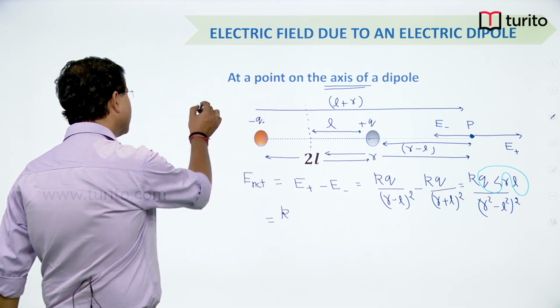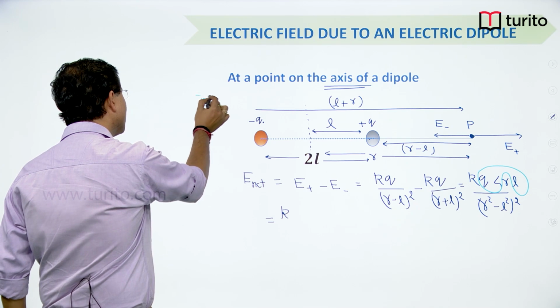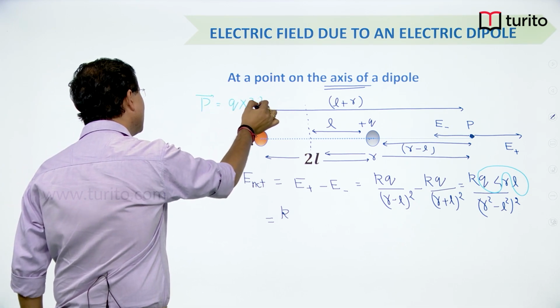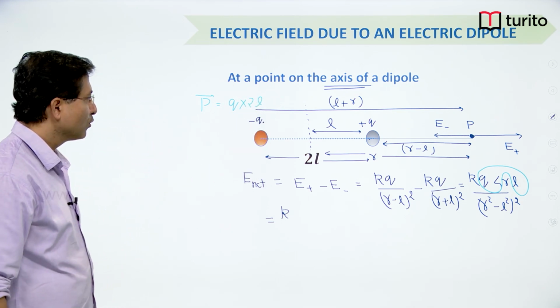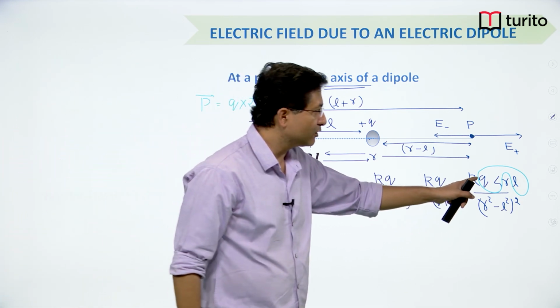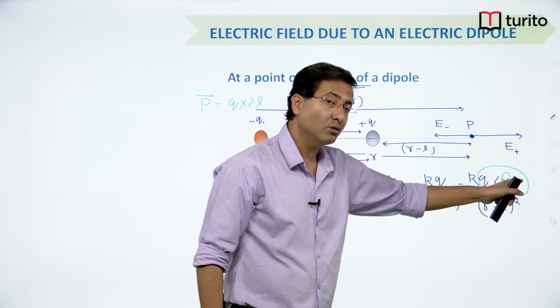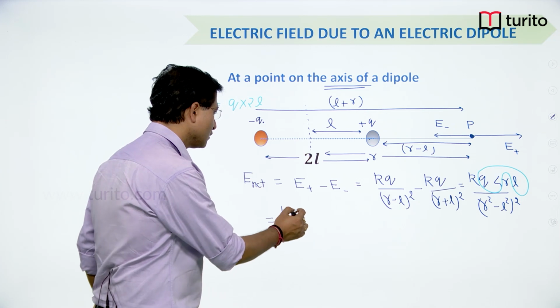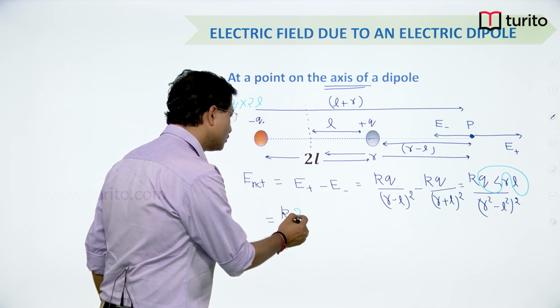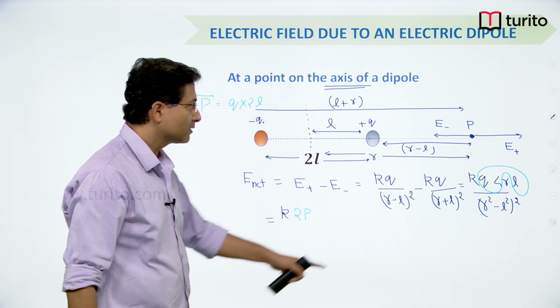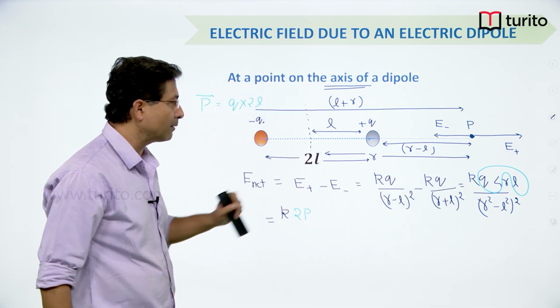So the dipole moment of this arrangement is charge into separation 2l. Here 4 is written, q into 4 into l, so that can be written as 2 into the dipole moment. This term I am writing as 2 into the dipole moment.